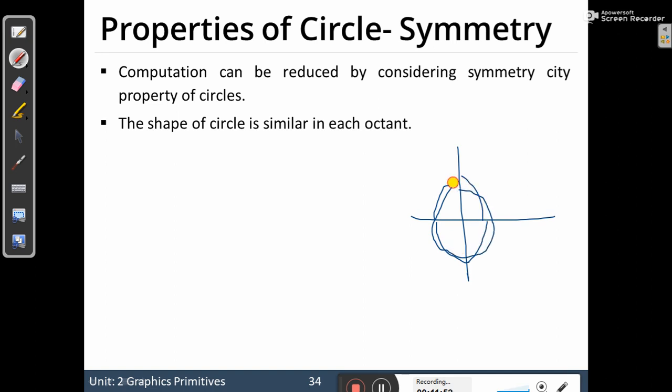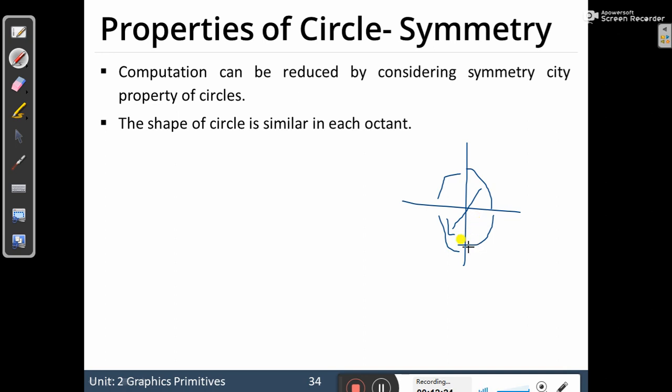To draw this circle, if we can find out this part only, then we can use these values, whatever points we find, and just transform or find the symmetric points on other octants, because the value will also increment or decrement, and the step size will be the same as in this octant.